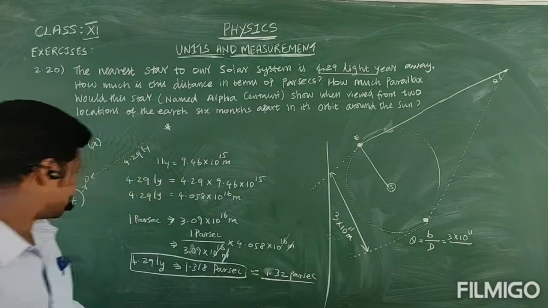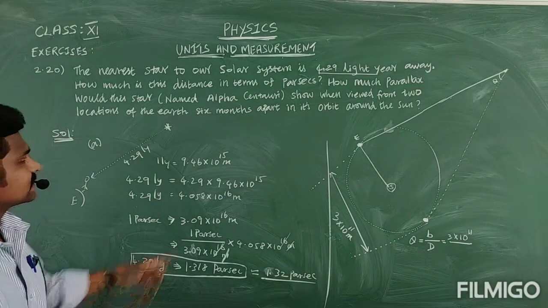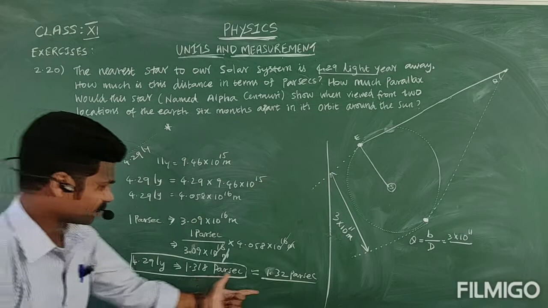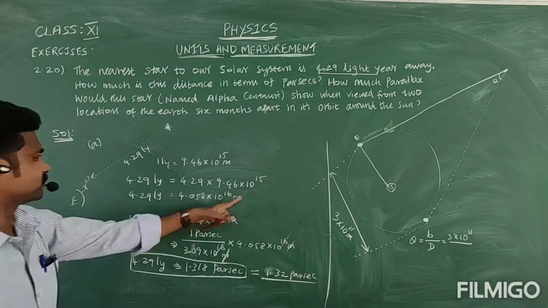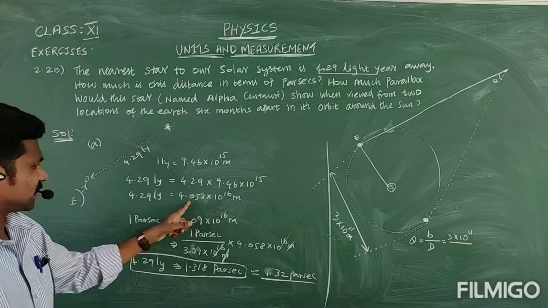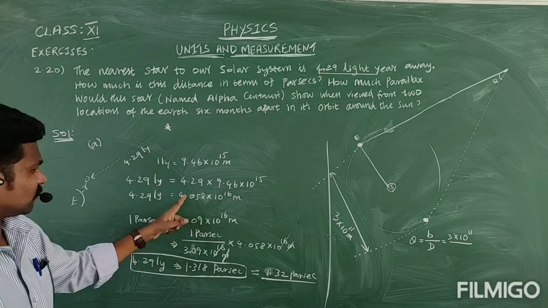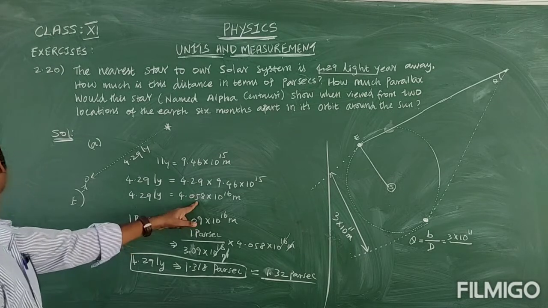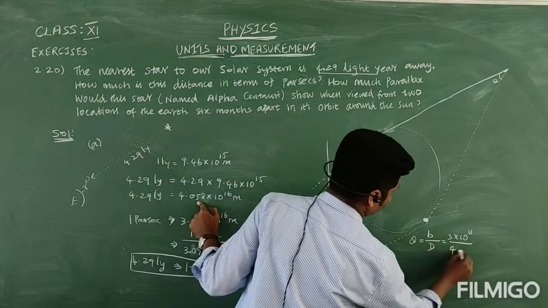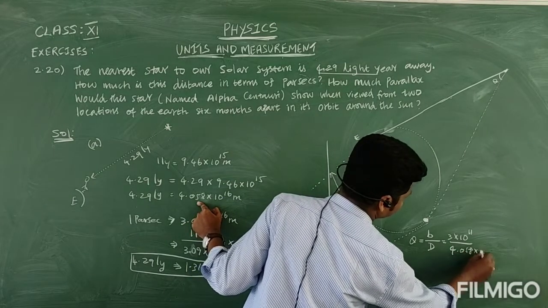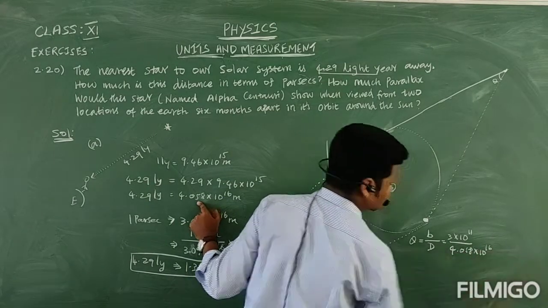Which distance? The light traveling distance, 1.32 parsec, or otherwise in meter, 4.058 into 10 power 16 meter.